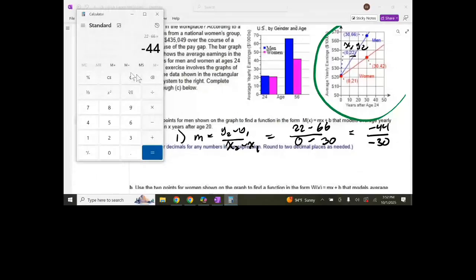So look, y'all, when I do this on my calculator, I'm not even going to worry about the negatives. I'm going to say, what's 44 divided by 30? Why? Because a negative divided by a negative is a positive. All right, we got to go to 2 decimal places. That right there would be 2 decimal places. But remember, we need to round. My question to you, what do you think? 1.46 or 1.47?